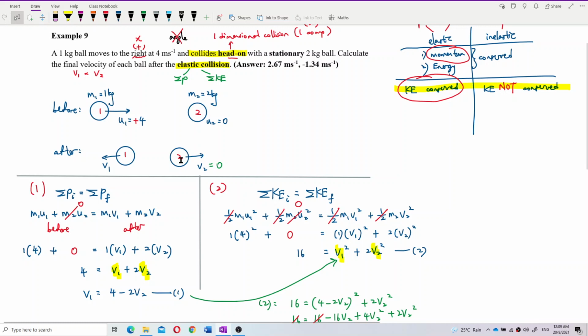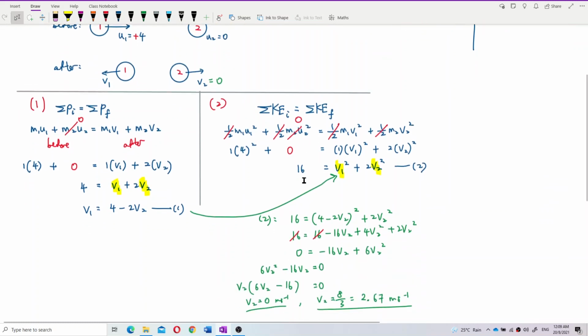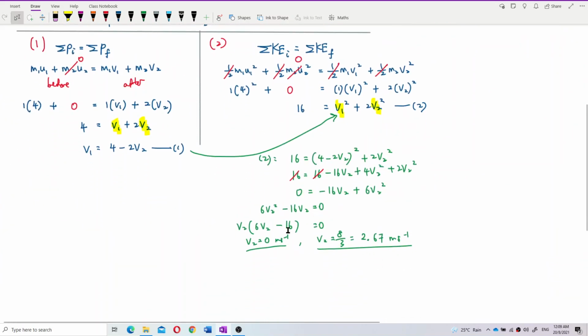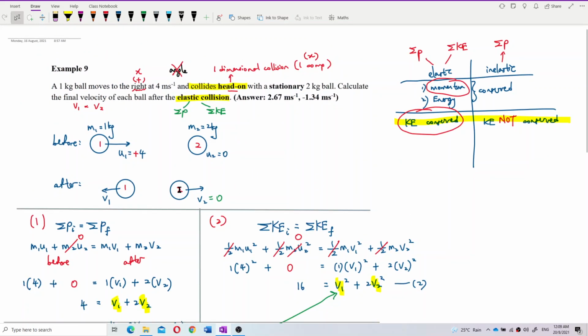So when you get final velocity of ball 2 as 0 from the calculation here, it is not possible. We neglect this answer, we neglect the 0, because it's not possible for ball 2 to remain stationary after collision.